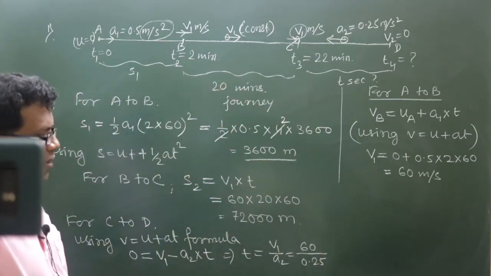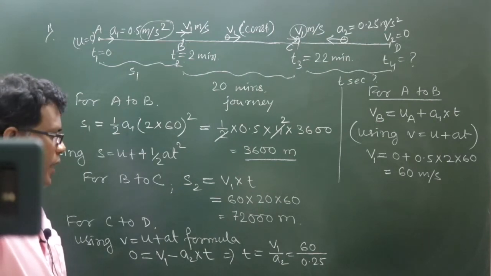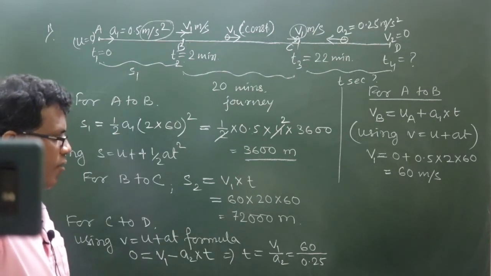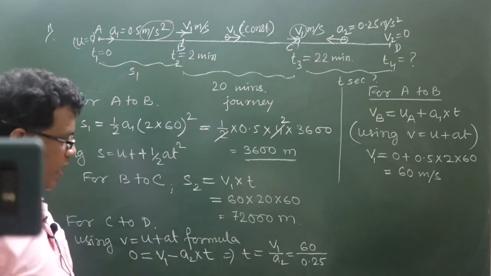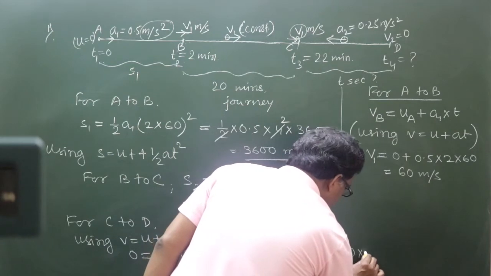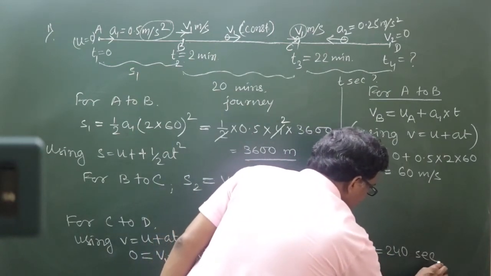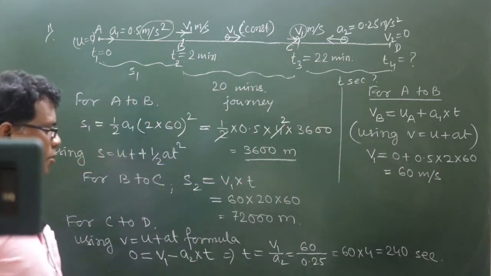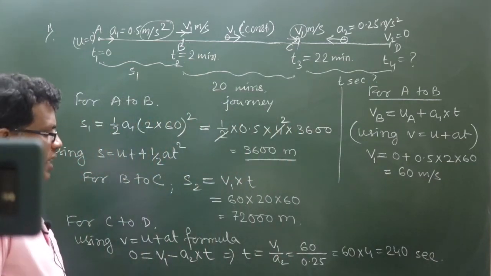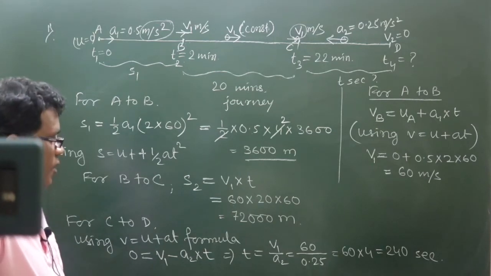So 1 by 0.25 we can write as 4. So it is 60 into 4, that means 240 seconds. So the last duration of the journey is 240 seconds.